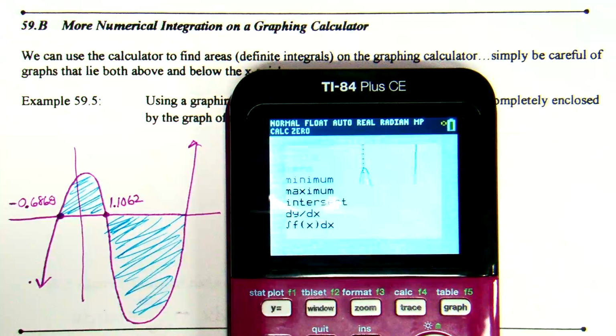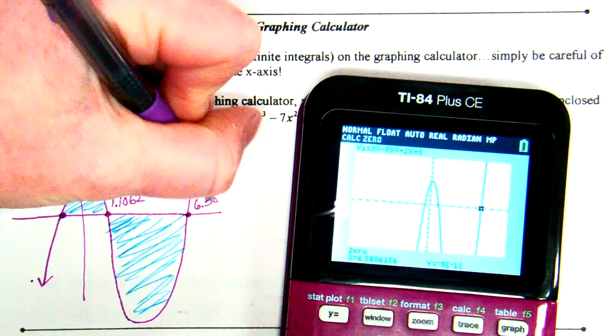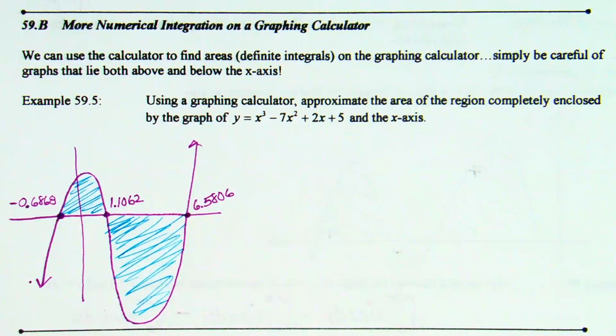And then repeat the process one more time. There it goes. Your left bound or right bound, 6.5806. So that's all your calculator doing the work.